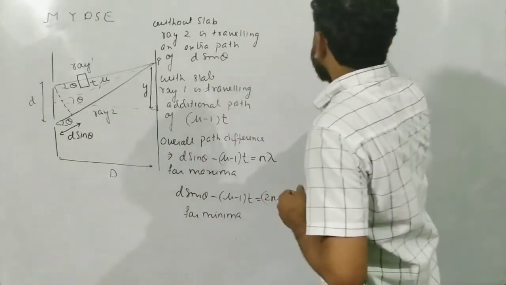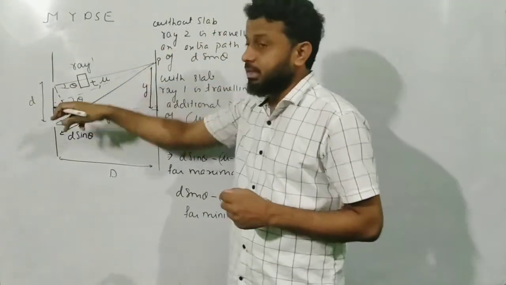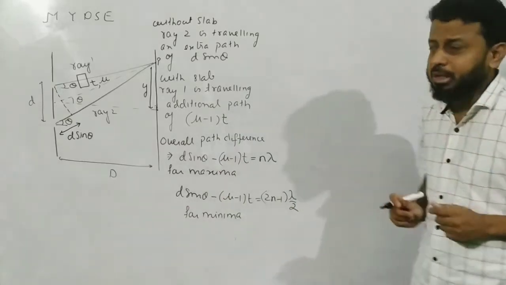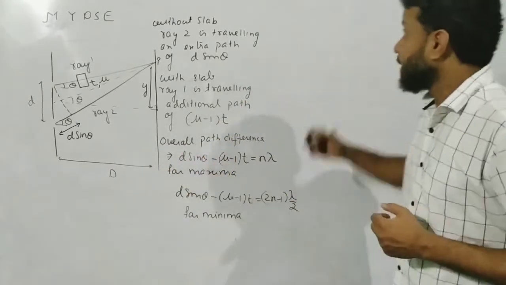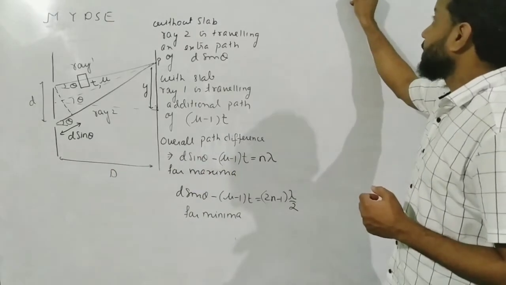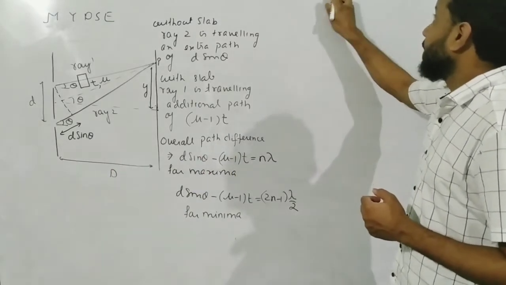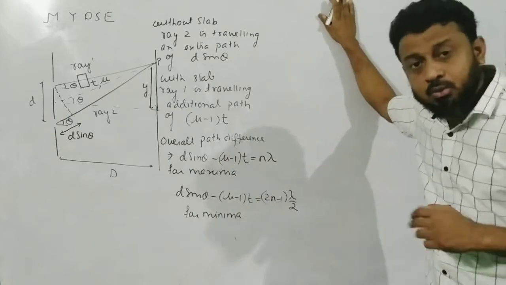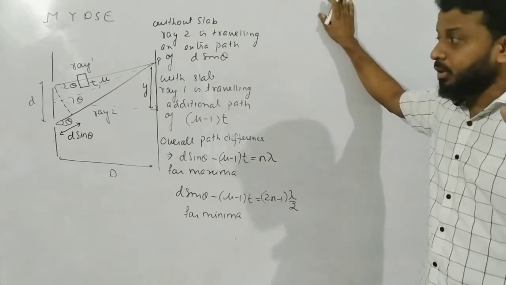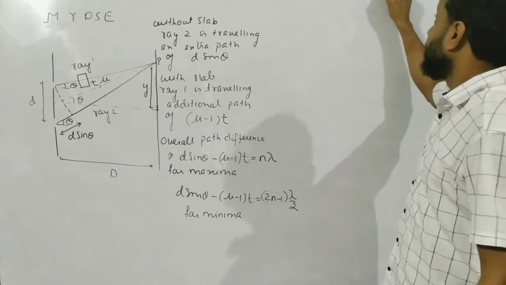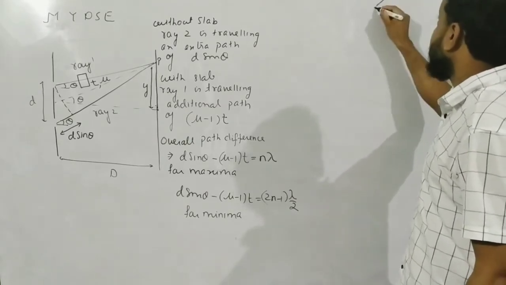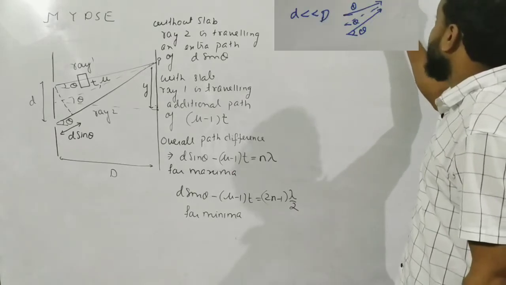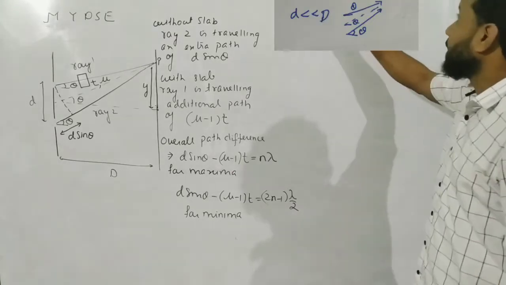Under the approximation, when I say that the distance between the slits is of the order of millimeter and micrometer, and the distance capital D is of the order of meter, what I meant there was small d is very, very small compared to capital D. This always happens in YDSE. This allows us to take all three angles as theta. So we are allowed to use these three angles as theta under this approximation.